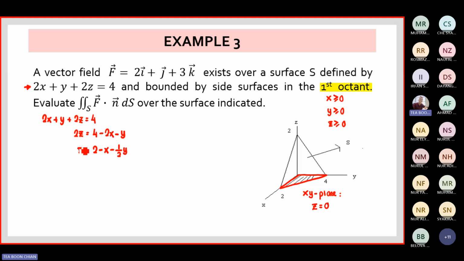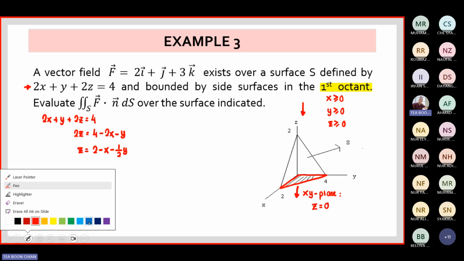So now this is the first surface acting upward. z equals to 0 is the surface acting downward. Upward or outside are the same, because when you look at the z-axis on top of the diagram, you find this triangle shape there, the projection of the surface. Any questions, you can ask.